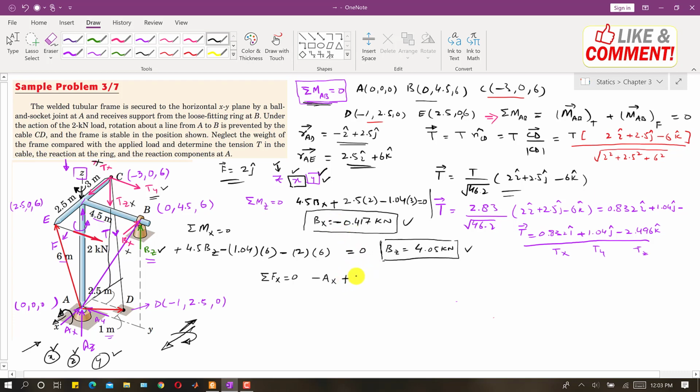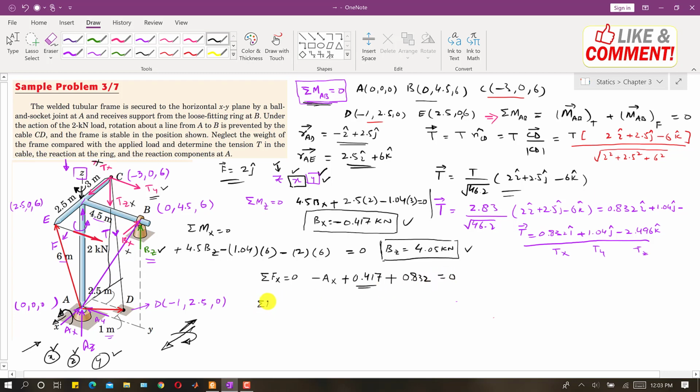Minus into minus will become plus. And this tx is in the positive x, so we will write plus, and the magnitude of tx is 0.832, and this will be equal to 0. So this will give us ax.